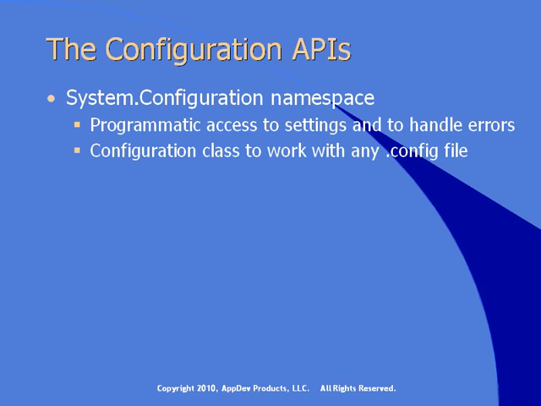The system.configuration namespace contains the redundantly named system.configuration.configuration class, which allows you to work with any configuration file on a particular computer, application, or resource. This object represents the merged view of configuration settings that apply to a specific physical entity, such as the computer, or to a logical entity, such as an application or a website.